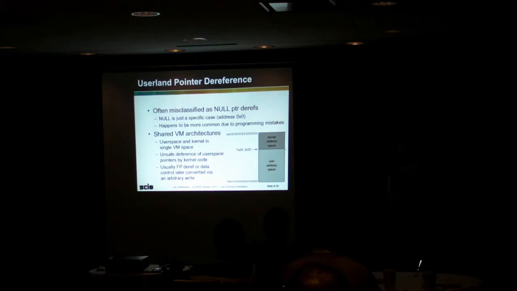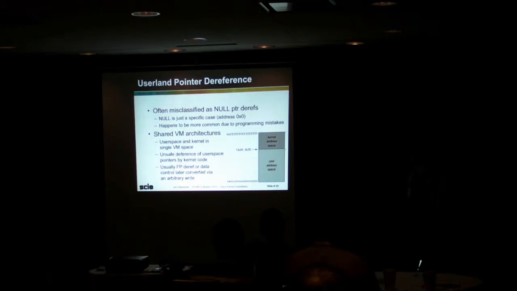It just happens to be the address 0 as opposed to the address 20 or the address 25. And it just happens to be that these null pointer dereferences happen due to the common programming mistakes you make in a C or C++ based language, and the ones where you might be dereferencing a pointer somewhere else in the userland address space is not as common as a programming mistake.